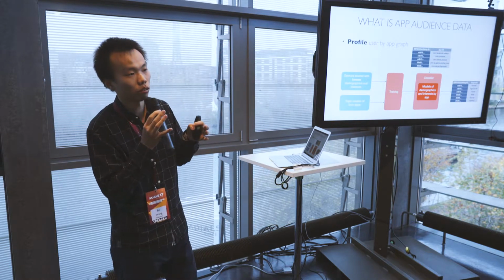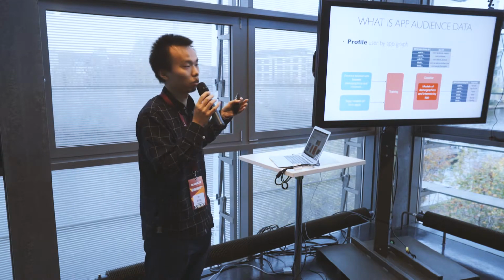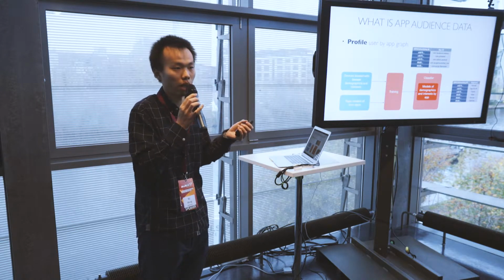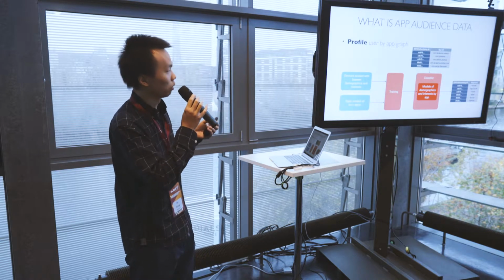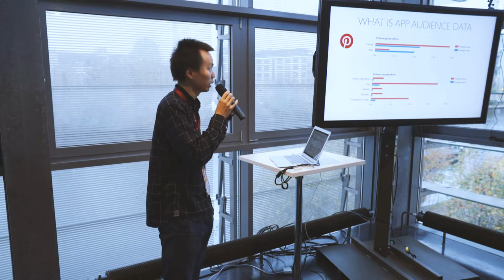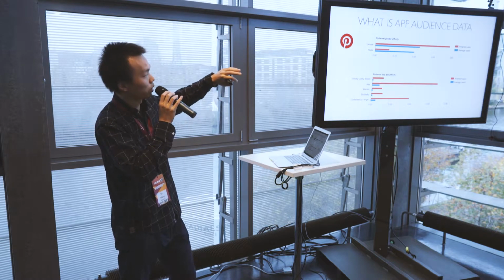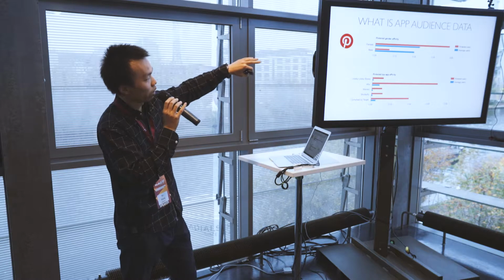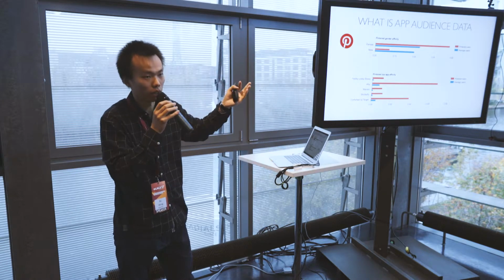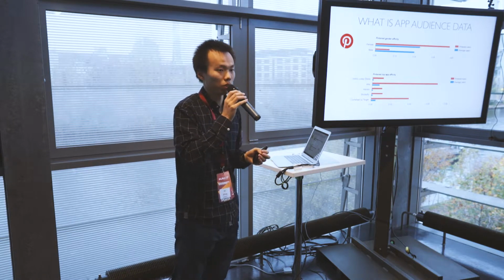With all this data, from the app install graph to the profiles we build from it, we can also get a lot of interesting insights into each app. Take Pinterest for example. The first one is a gender affinity. The affinity means, let's say the red bar is the proportion of Pinterest users that are female, and the blue bar is the proportion of all users that are female.